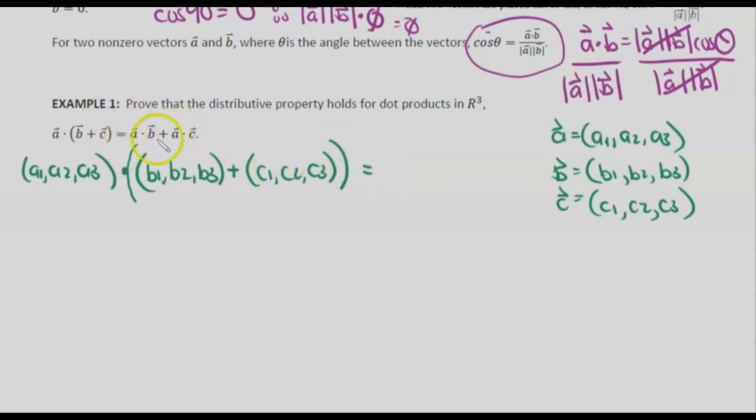Okay, and we're going to leave the right-hand side for now. So I'm just going to copy down the A1, A2, A3, and I'm going to leave that for a second. Now, we're going to do brackets first because of BEDMAS. So in this bracket, what we're going to do when we add vector B and vector C is we're going to have B1 plus C1, comma, we're going to have B2 plus C2, comma, B3 plus C3.